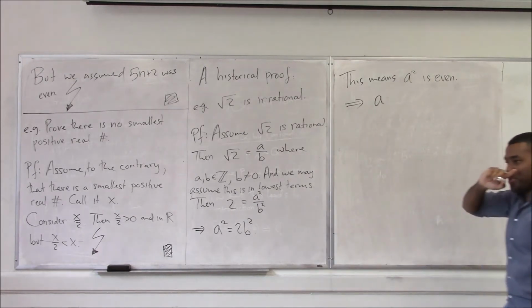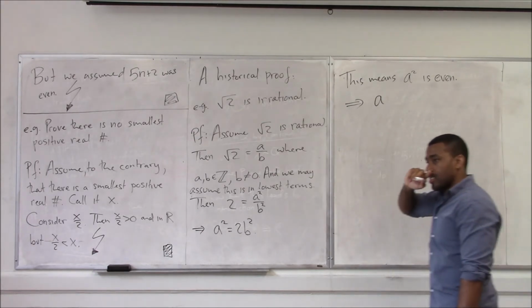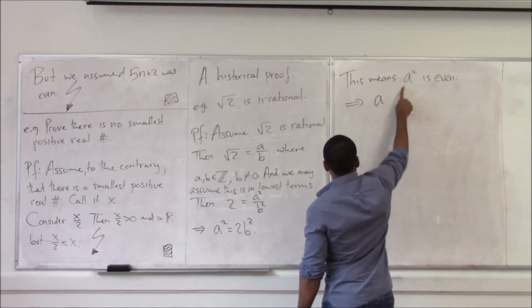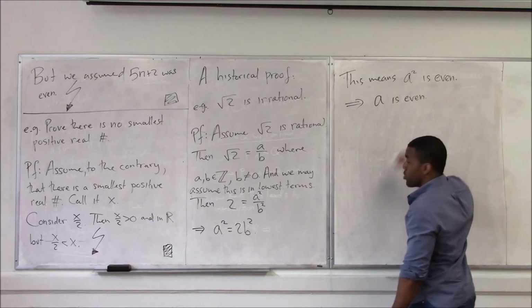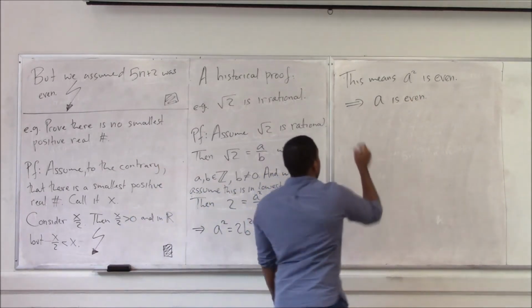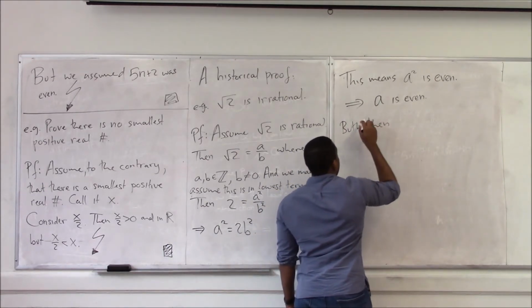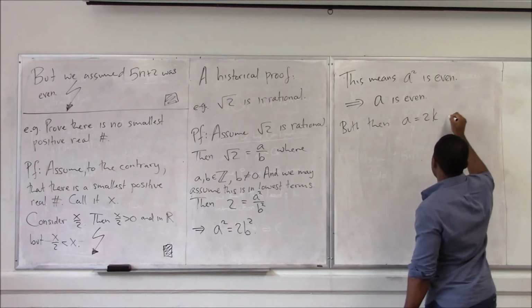Something we proved before: if a squared is even, then a is even. This is something we proved before. x squared is even if and only if x is even. But then, what that means is that a can be written as 2k for some k.